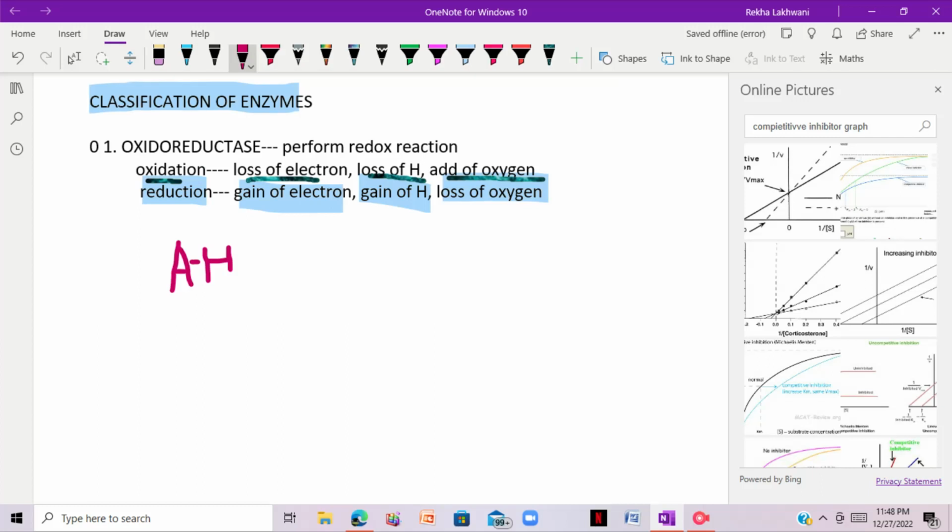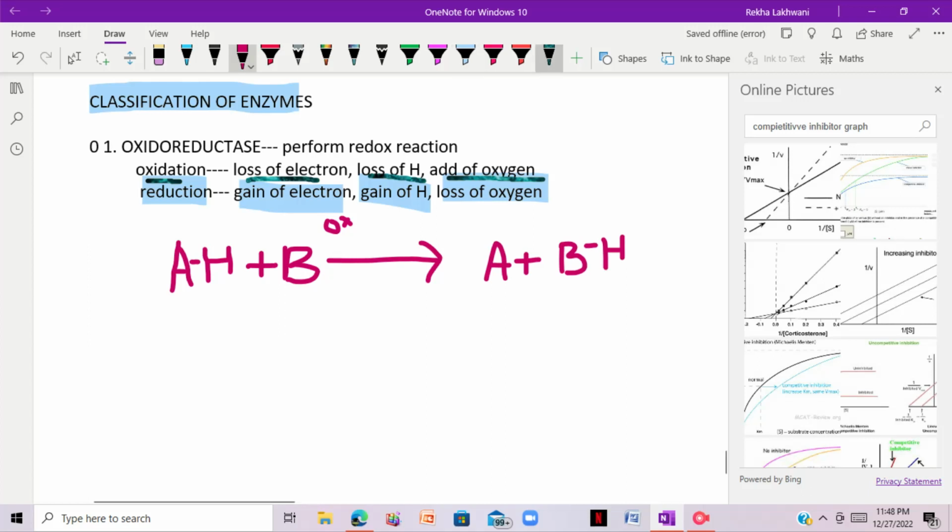I'm not writing the full name, and I'll get A plus BH. So as you can see over here, what happened? This A was having hydrogen with it. Now hydrogen has been removed from this, so there is a loss of hydrogen.